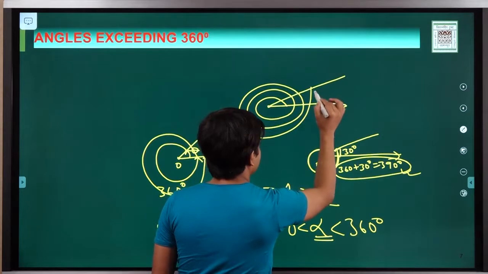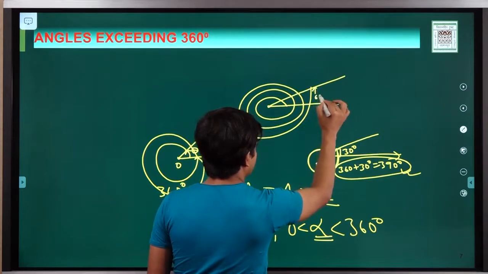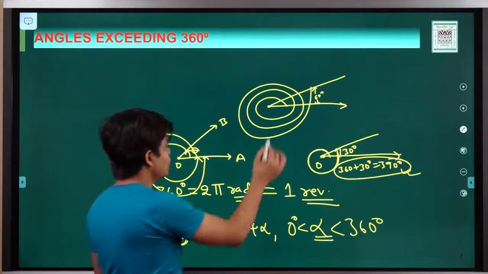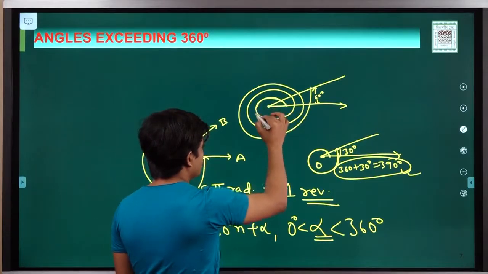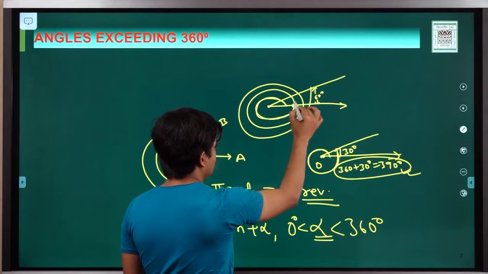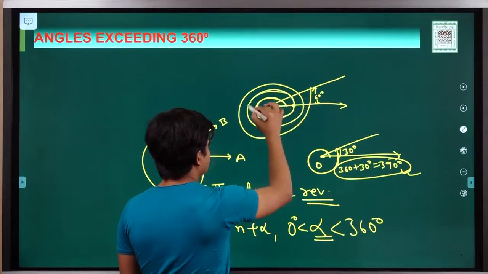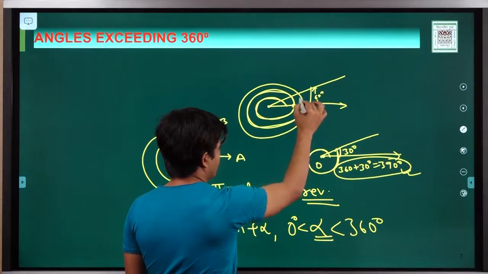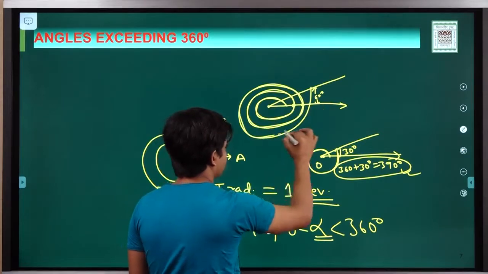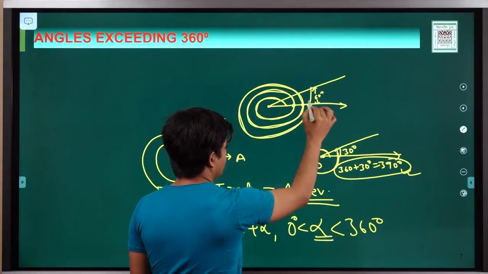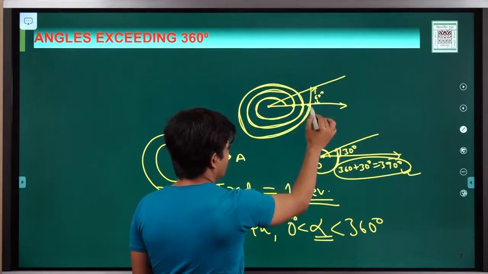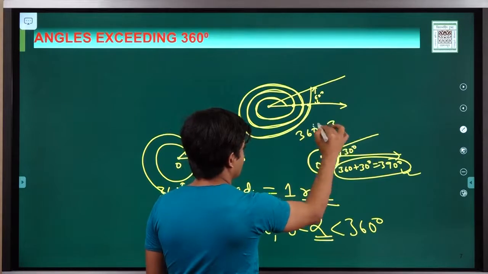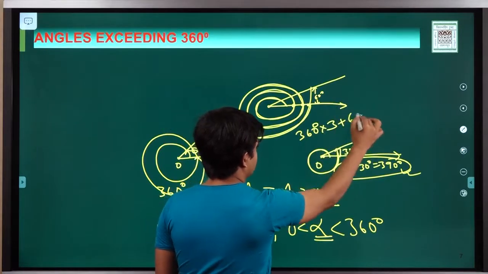and if this angle, say this angle is 60 degree, then the total angle will become what? You can see up till here 360 degree, plus 360 degree, 720, and again in the third revolution it will be 360 into 3 and plus 60 degree.